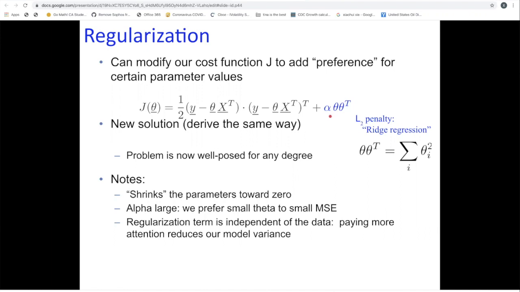You have to choose it before you learn the parameters theta. You set alpha to certain values, for instance 1 or 0.1. This regularization parameter balances the contribution of these two terms, and the final theta depends on this alpha.